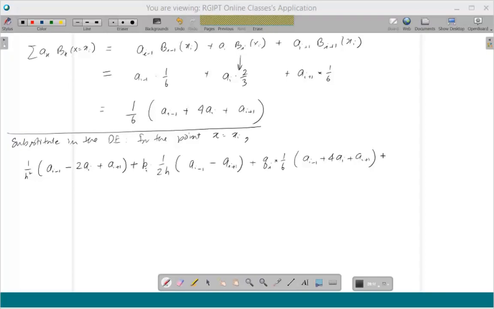Okay, that should be equal to f of x_i. I'm going to write it in a slightly different form: I'm going to take the f of x_i on this side, so that is going to be nice. For each x_i, and how many x_i's do I have here? So for each x_i, I'll have to have.